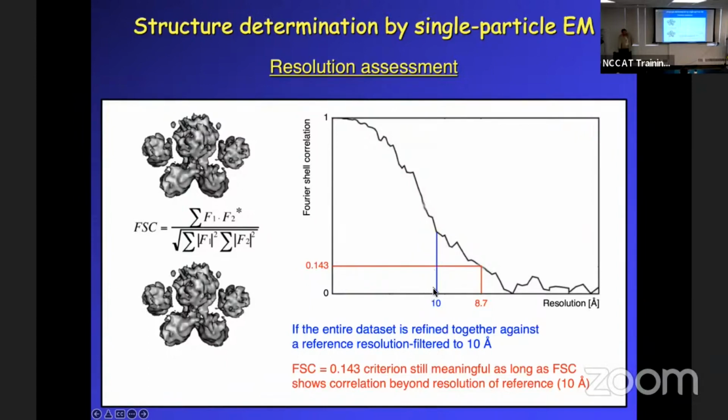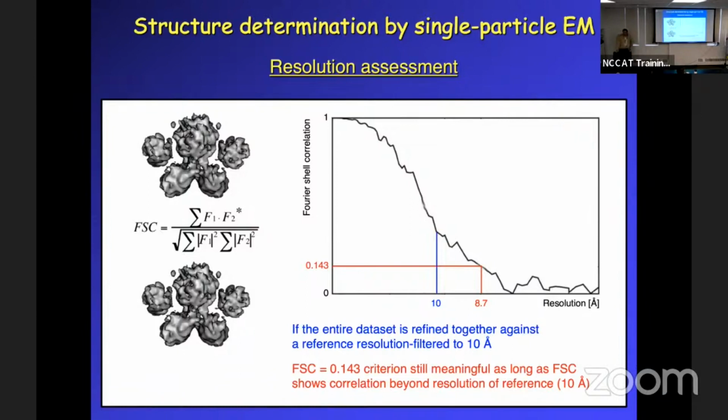So if your reference is 10 angstrom and you get a resolution of 8 angstrom, then that is reliable. If your reference is at 5 angstrom and you get a resolution of 8 angstrom, you have to be careful. This could be all reference bias.